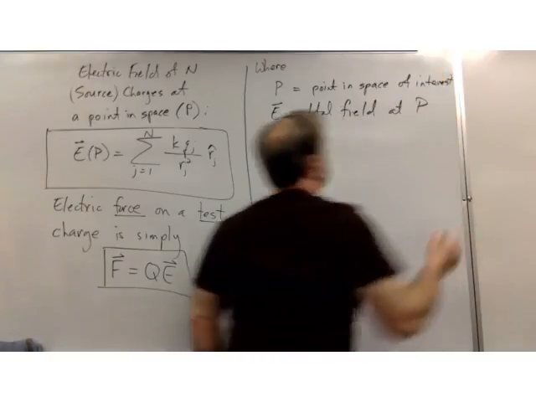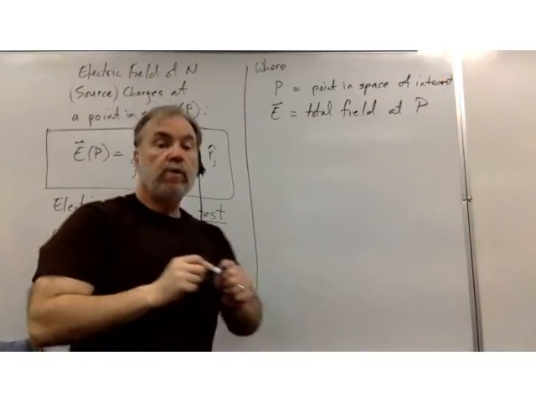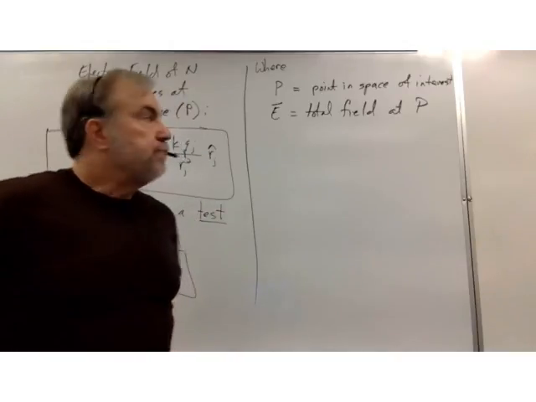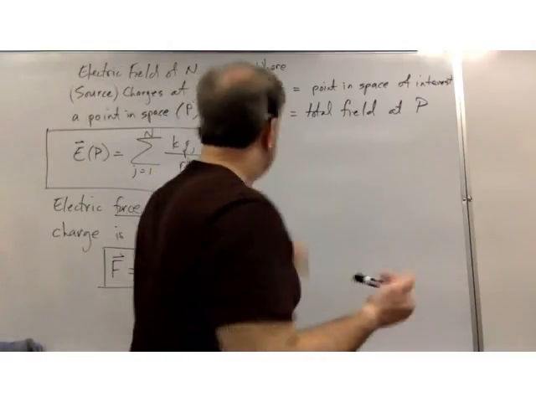P is the point of interest in space, somewhere we want to calculate the field. We'll label that point where we want to calculate the field with the letter P. E is the total field at that point.